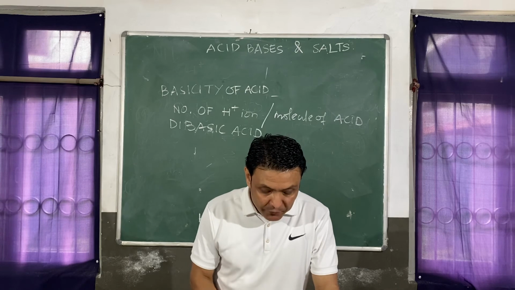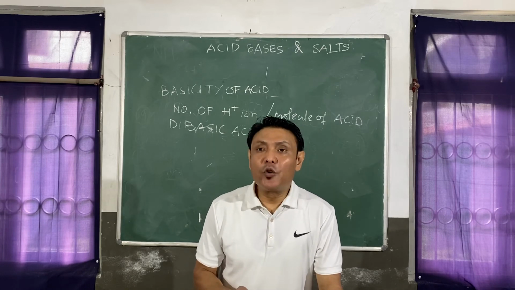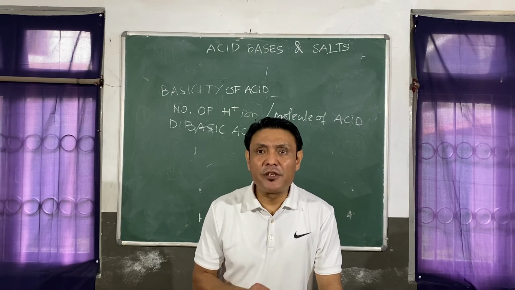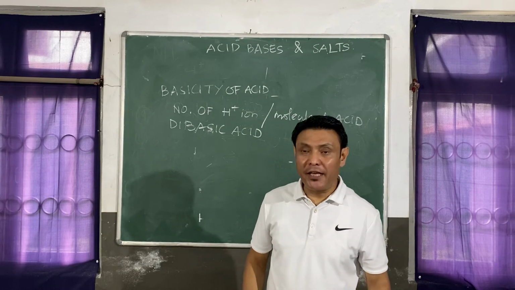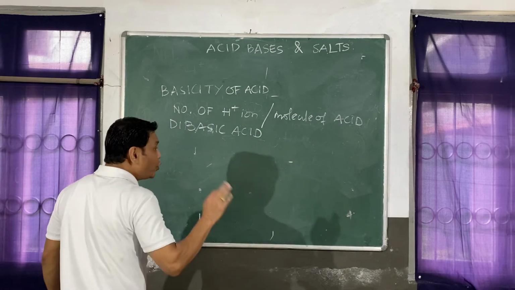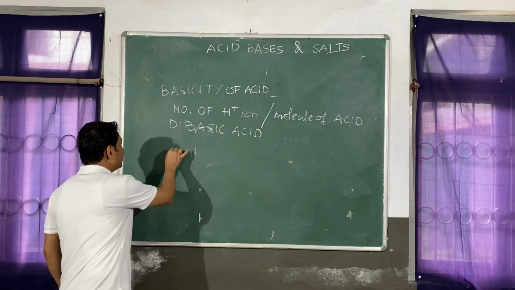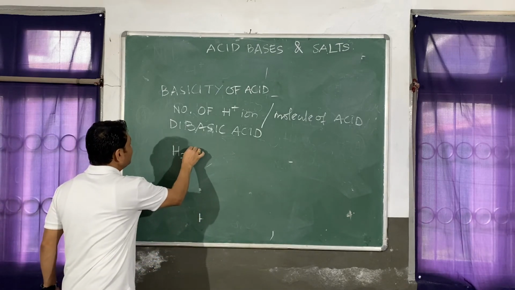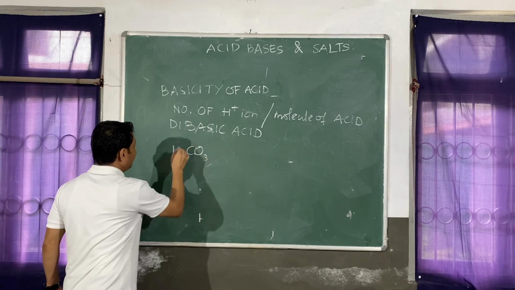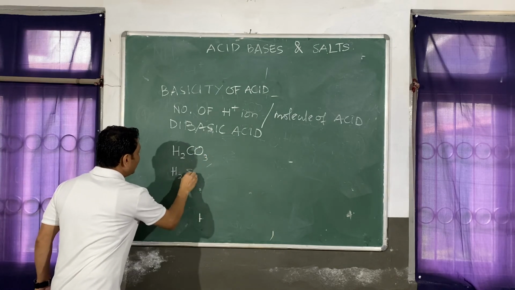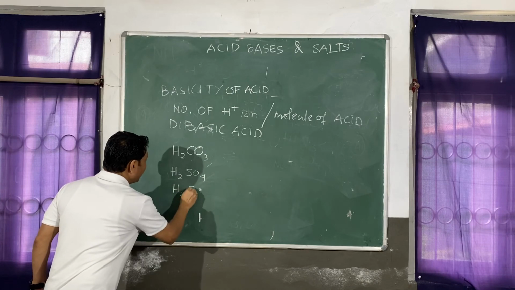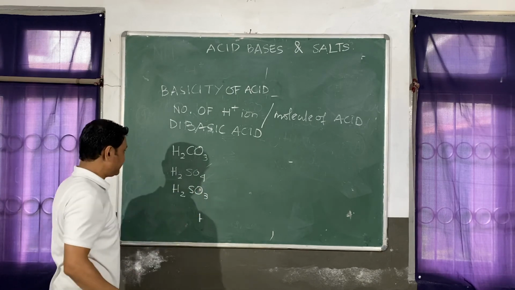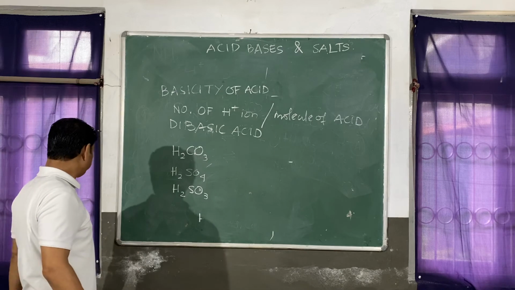Dibasic acids are those which ionize in solution to produce 2 hydrogen ions per molecule of the acid. For example, H2CO3, H2SO4, H2SO3, and so on. We'll take 3 examples here.